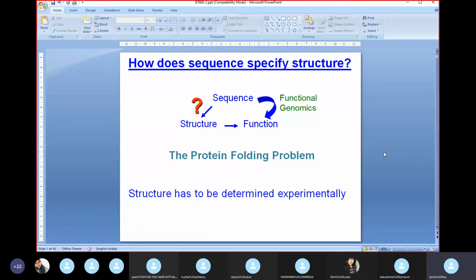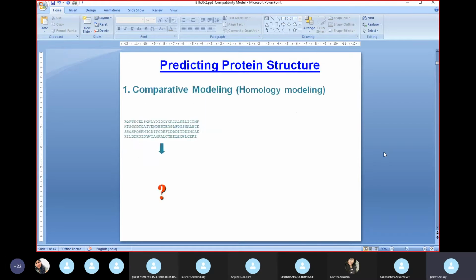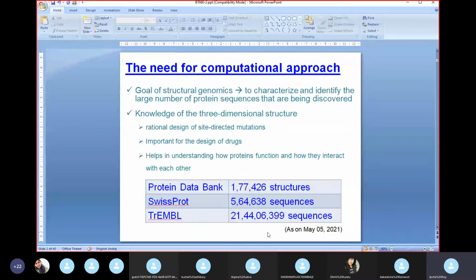So if you look at the numbers, these are the kinds of numbers we are talking of. This is the translated EMBL, and it has this many sequences. We're not talking of nucleic acid sequences, and these are not actual protein sequences.